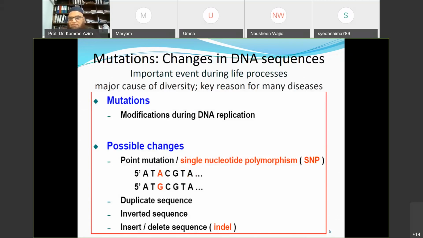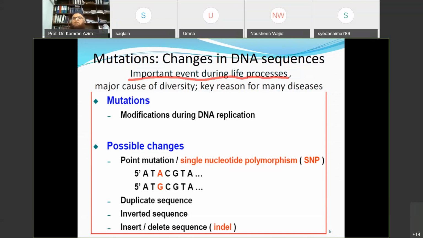Another concept is mutations. Another important thing in genomics is mutations. Mutation is basically a change in the DNA sequence. As written here, mutation is an important event during our life.